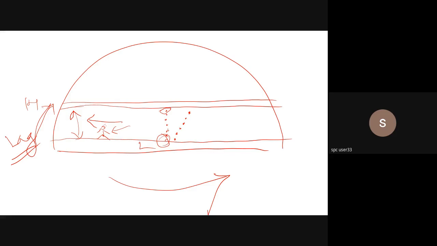Remember, actually the particles are lagging behind, but these particles are hitting a person from the east, and that is why this person will feel that particles are coming from the east, and that is why you're going to call all the winds coming here easterlies. If you remember, they are also called trade winds. This is the simple geography of how the Coriolis force explains the curvature of the earth.